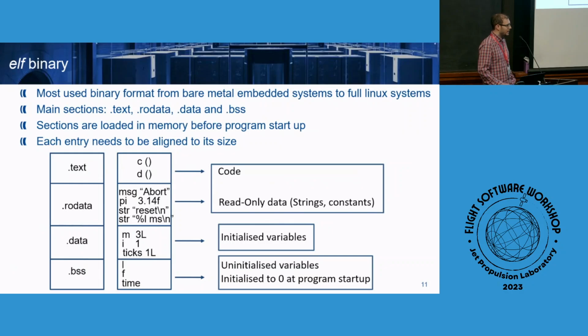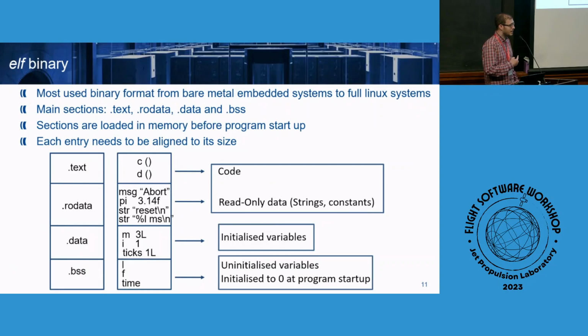Before going to the details, let me introduce you to the ELF binary format, which is one of the most used binary formats. And it contains different sections. We have text, which holds the code, read-only data, as the name says, data that are initialized and never changed.